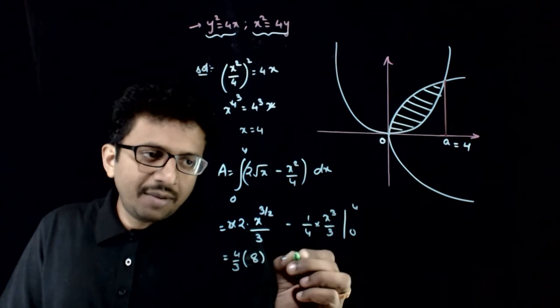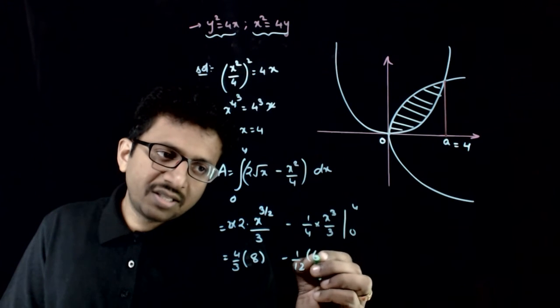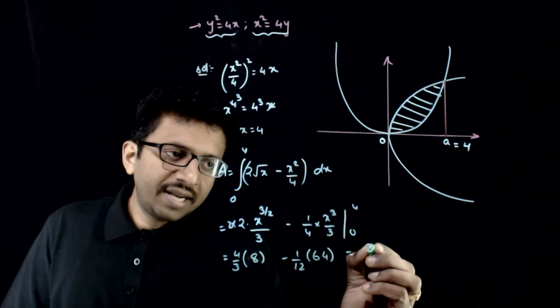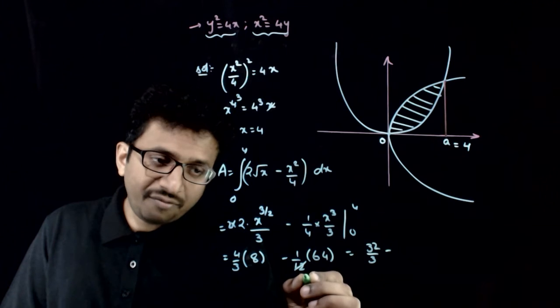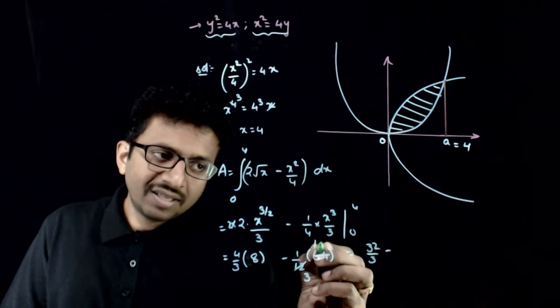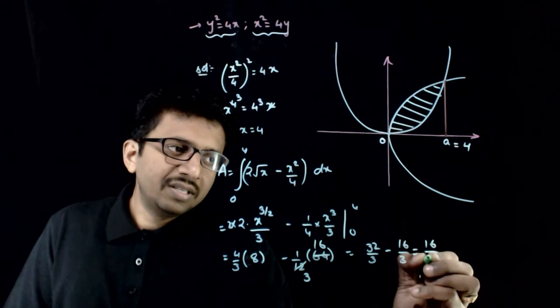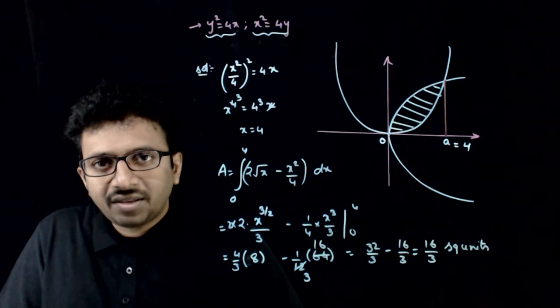So 4 by 3 times 8 minus 1 by 12 times 4 cube, which is 64. That is equal to 32 by 3 minus, if I cancel, 4 threes are 4, 16 by 3. So the area is equal to 16 by 3 square units.